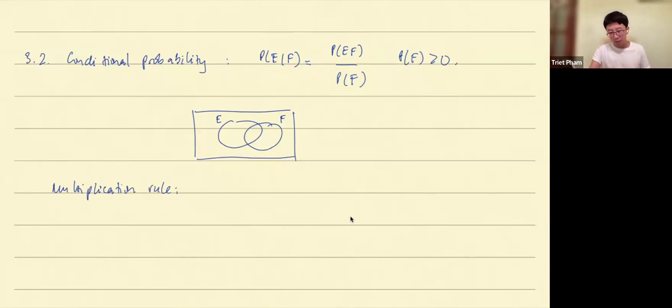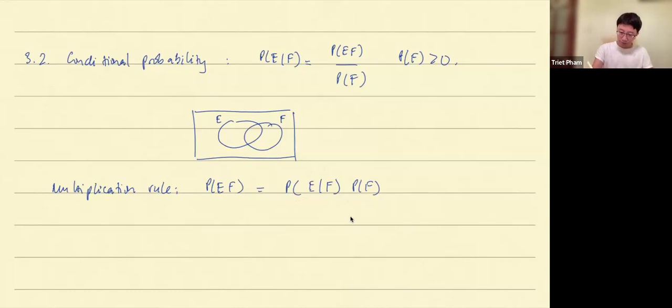It has a very similar taste to the multiplication rule for combinatorics, which is that the probability of the joint event, the intersection, will be the conditional probability of one on the other times the probability of the other one happening.